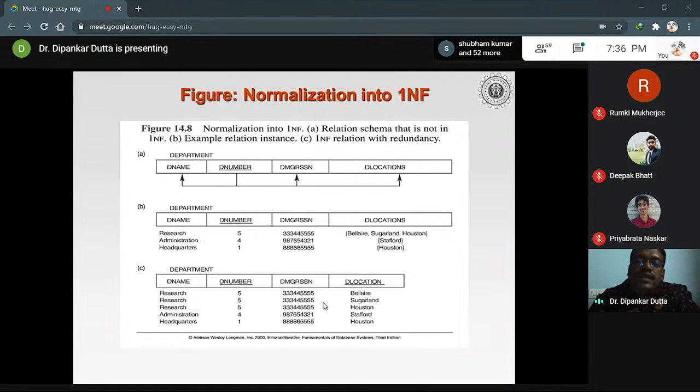Okay, but this is a bad design. So two types of solutions are there, but all these solutions are bad. Here we are getting redundant values, and here the D location value is not atomic. So this first design is not in first normal form.